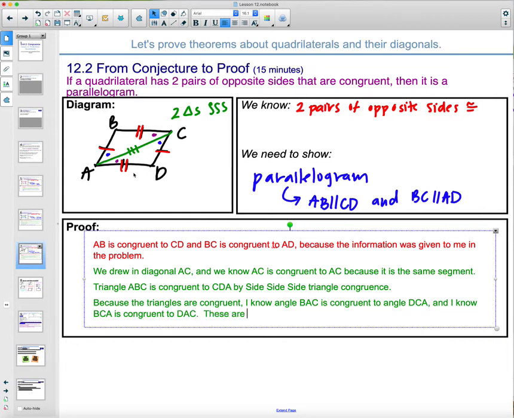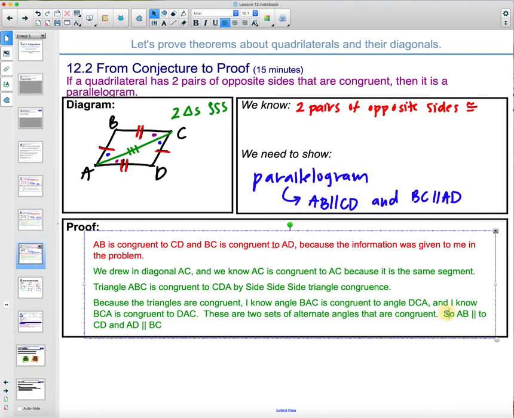These are two sets of alternate interior angles that are congruent. So AB is parallel to CD, and AD is parallel to BC. So we see those alternate interior angles.